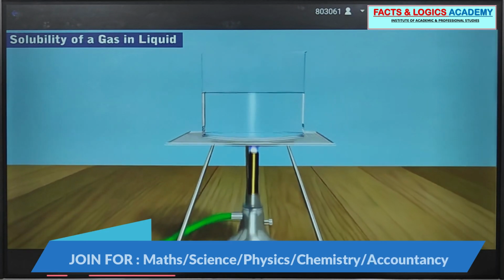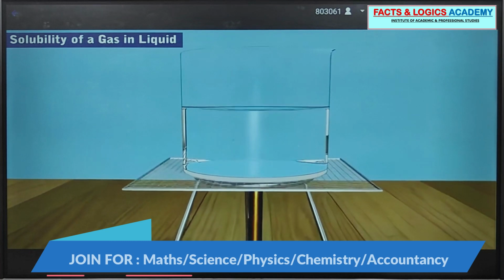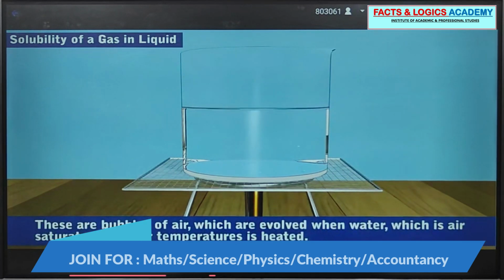It is seen that when water is heated, bubbles of gas appear on the sides of the container well below its boiling point. These are bubbles of air which are evolved when water, which is air saturated at lower temperatures, is heated.